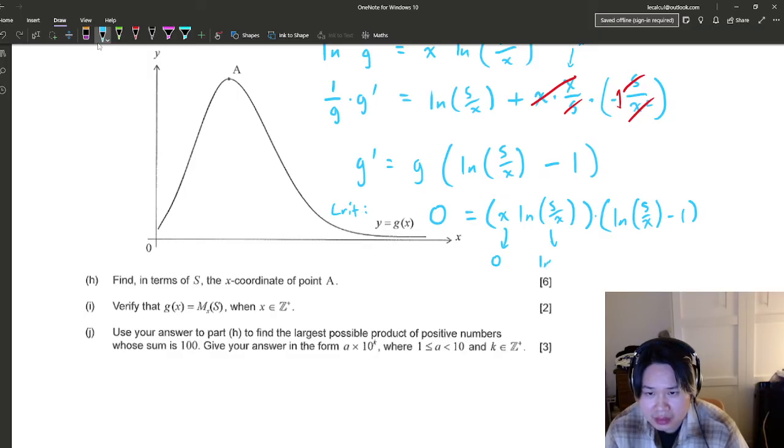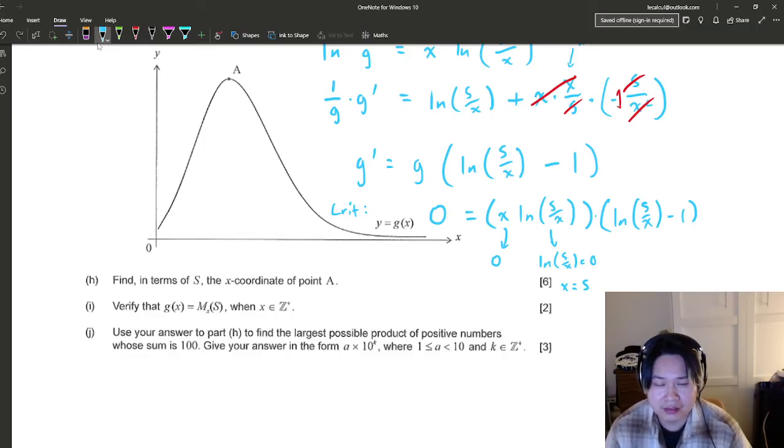So natural log of s over x is equal to 0. In other words, remember natural logs are only 0 if the argument is 1. So this just means that x has to be s.